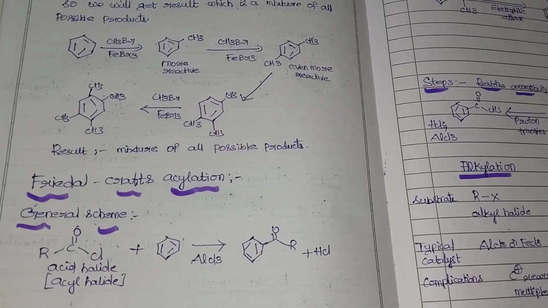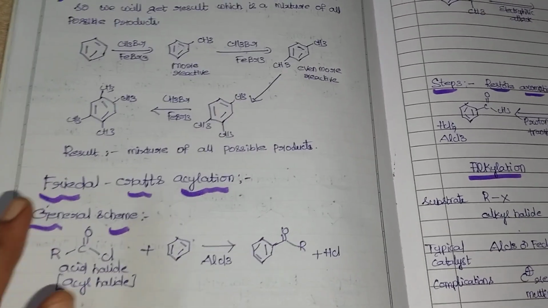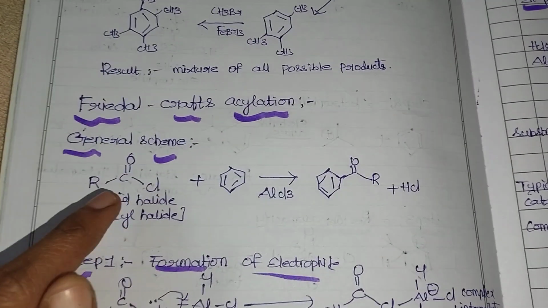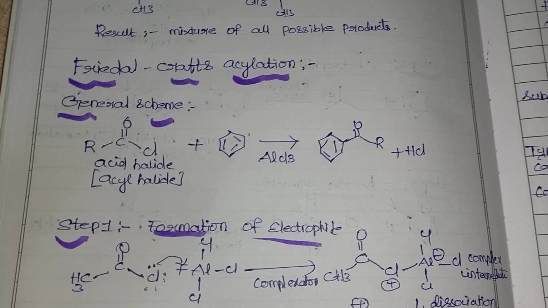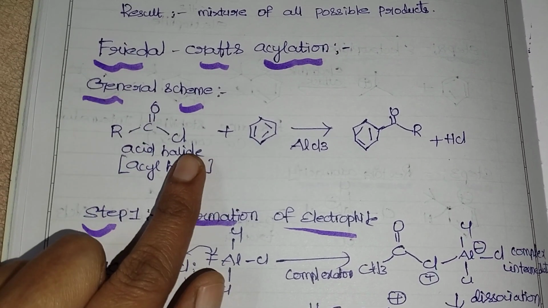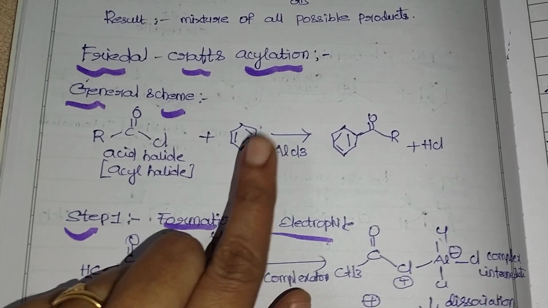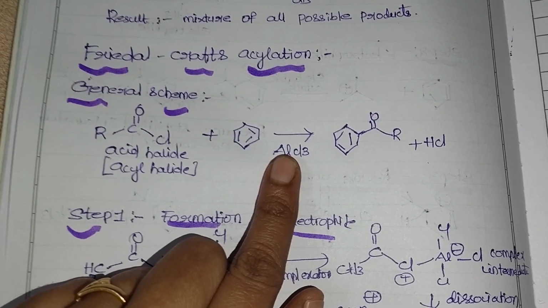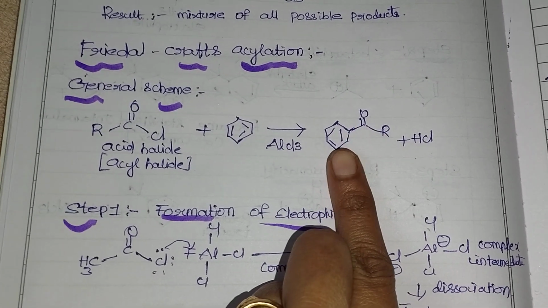The only difference between Friedel-Crafts alkylation and acylation is that instead of alkyl halide, we use acid halide or acyl halide. What is an acyl halide? RCOCl, here I took chlorine. It reacts with benzene in the presence of AlCl3, which is a catalyst, to form the product.